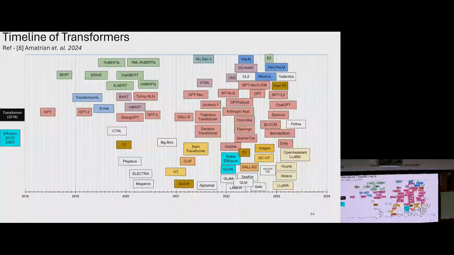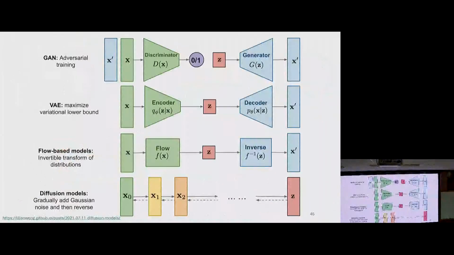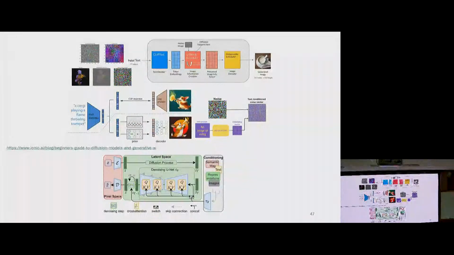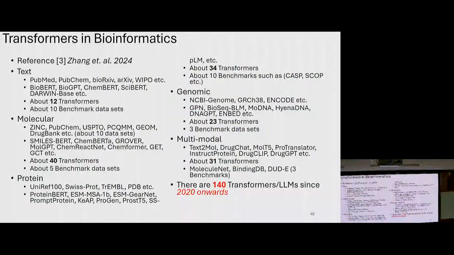So you have so many models. I wanted to show you a slide where I have summarized, yeah, this one. So in bioinformatics, these transformers have directly been adapted to this domain. It started with BioBERT. You have these transformers for text.